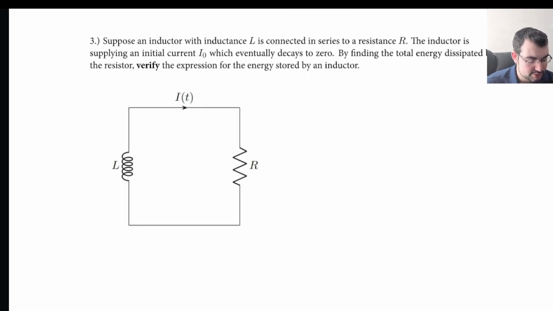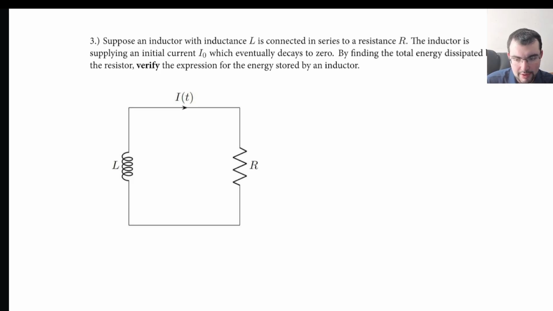Let's prove this. If we just hook up an inductor with current through it to a resistor, that current can't just go forever. There's no battery supplying current, so the current is going to eventually shrink to zero through this circuit. That means if we can find the total energy that the resistor burns, we have found all the energy that was stored in the inductor's magnetic field.